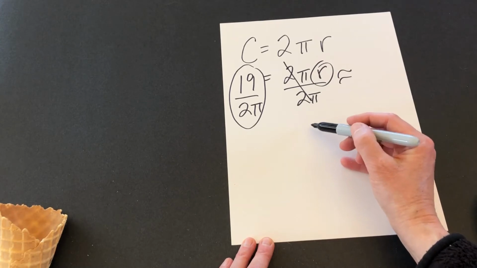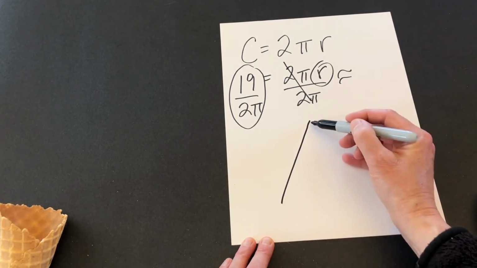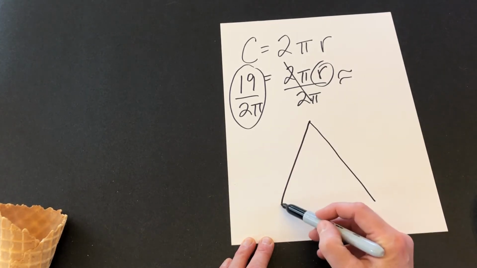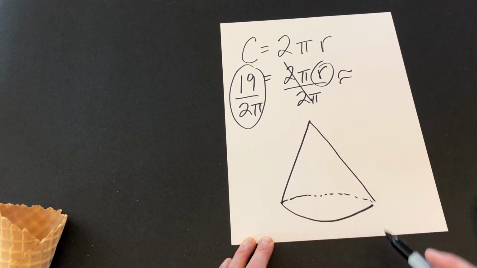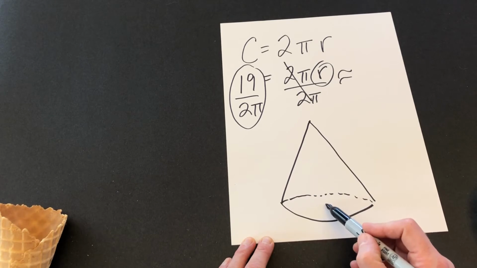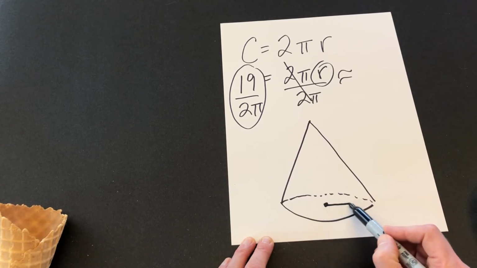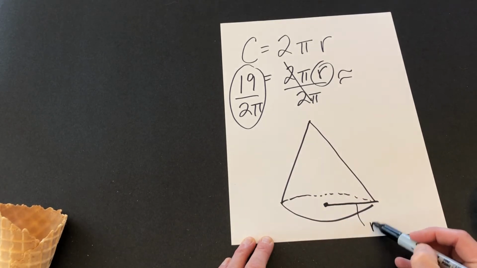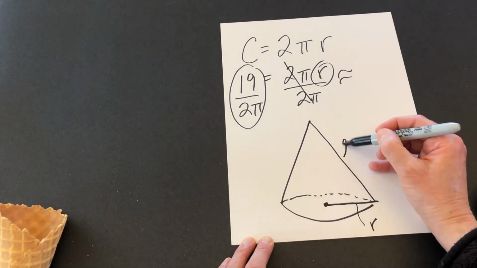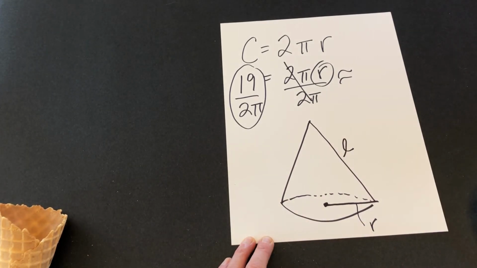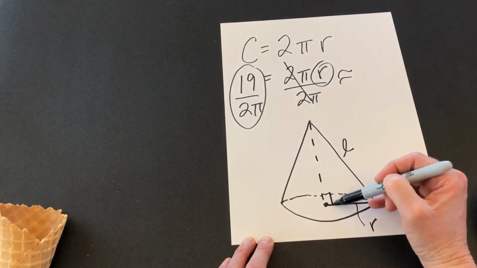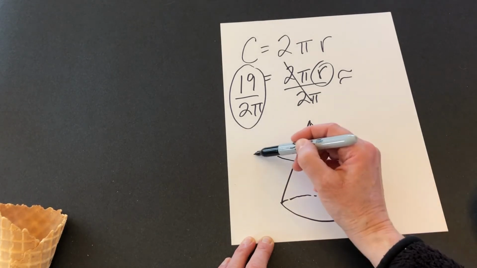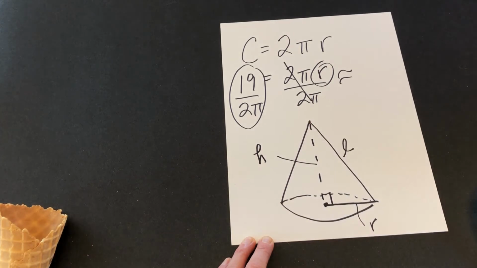Now, here's the other thing you need to remember. If I have a cone here, I need the radius, I need the slant height to find the surface area, and I need this vertical height, I'll call it h, to calculate the volume.